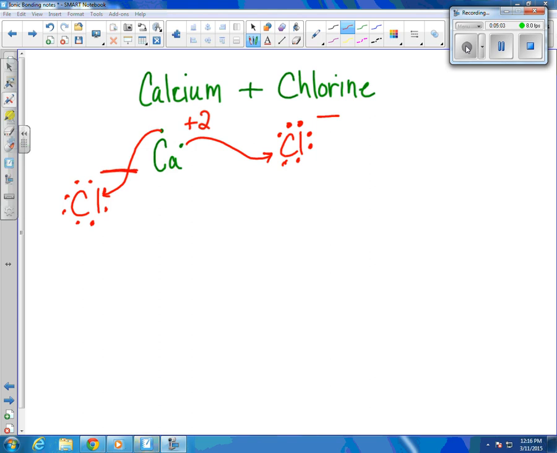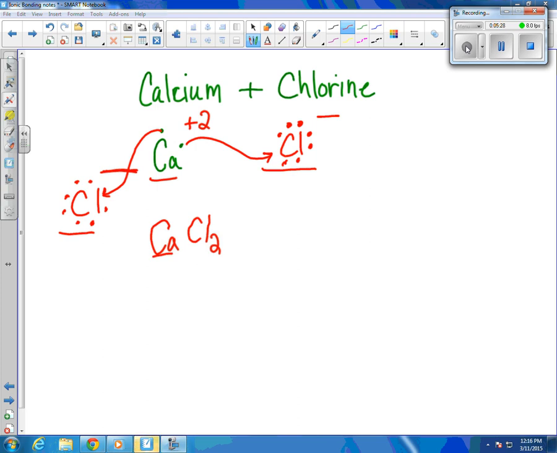That might help you write your formula better, because now I can count up how many atoms do I have total. 1, 2, 3. How do I write it? I write my metal first. There's just one of them. And then I count up my number of nonmetals. So my compound here would be calcium chloride.